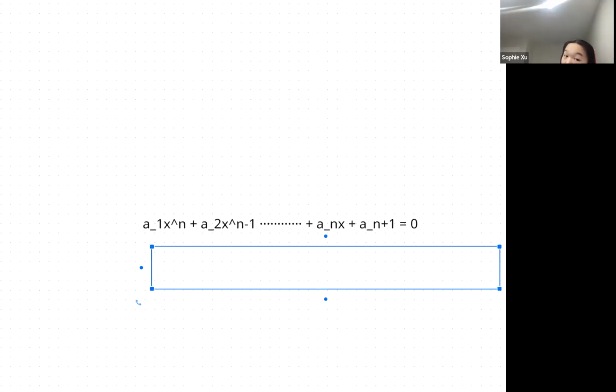Okay, so we noticed that in our quadratics and cubics, when there's two roots, the product of two roots is positive third term over first term, right? So in this case, it's a3 over a1. Does that make sense?